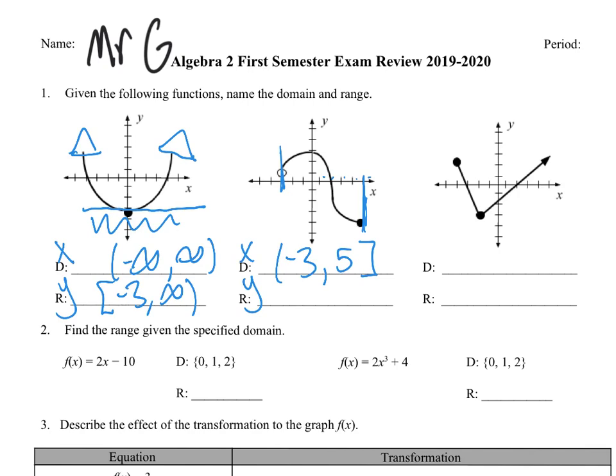Range goes down to -4 up to +3. And then domain over here is going to go from -4, closed circle, closed bracket, to infinity, while range goes from -3 to infinity.